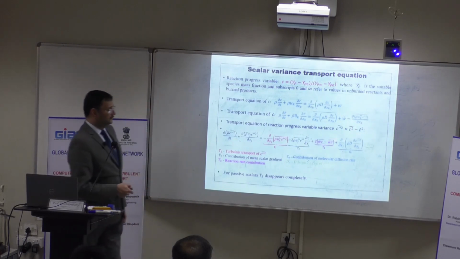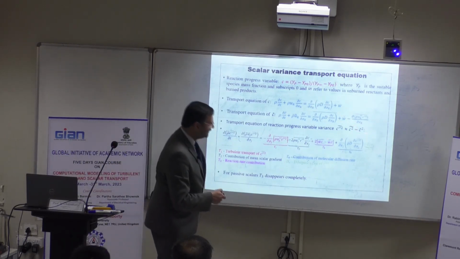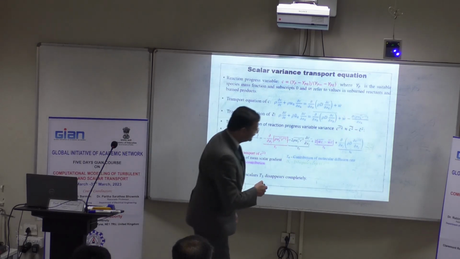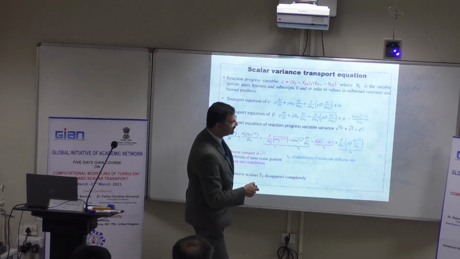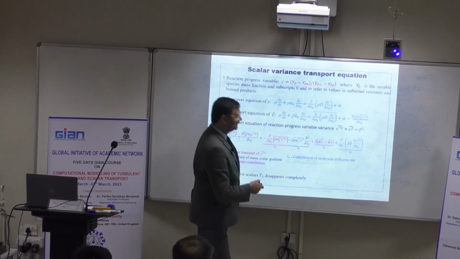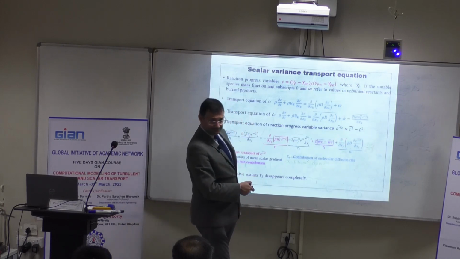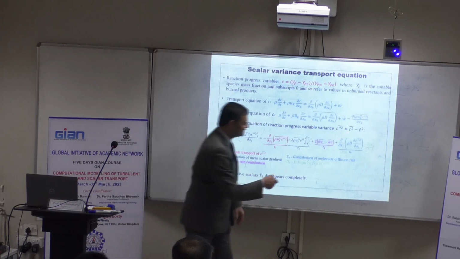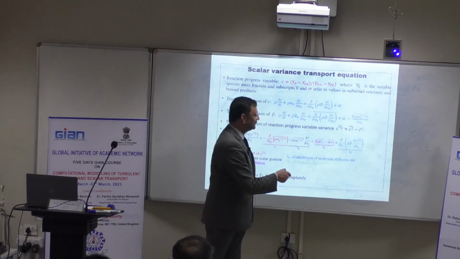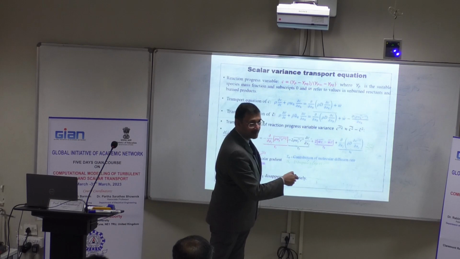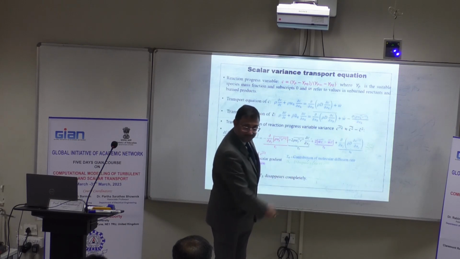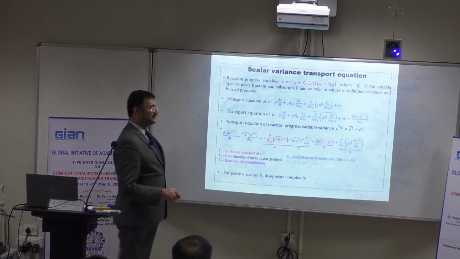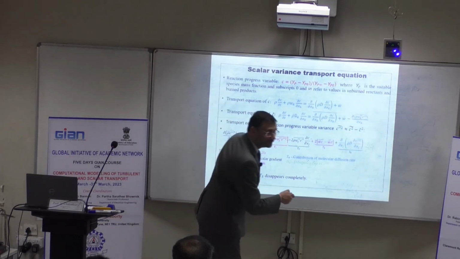Now, in the context of Favre averaging, variance can be actually approximated by this. It's not exactly equal to. In the context of Reynolds decomposition, it is exactly equal to, because if you replace tilde by bar, you'll get exactly equal to. In the case of Favre averaging, is approximately equal to.